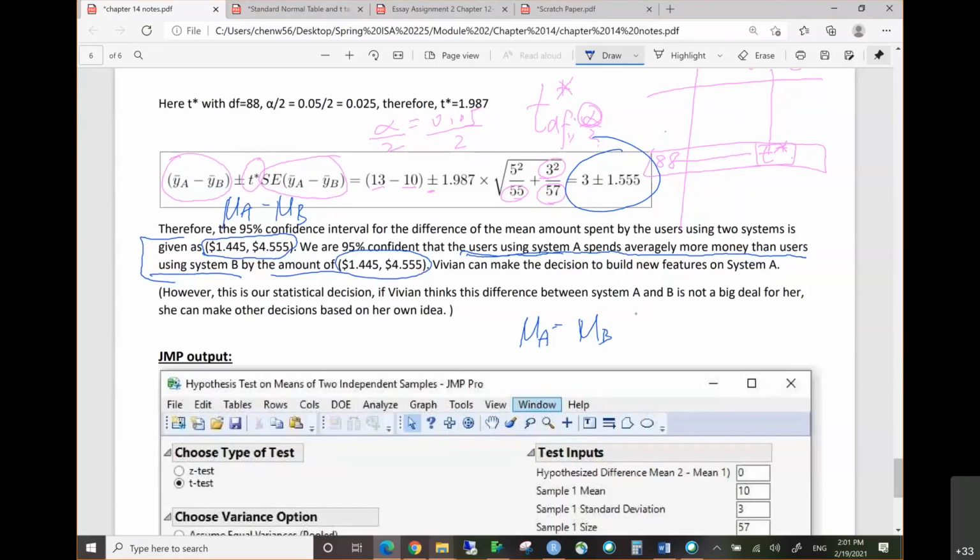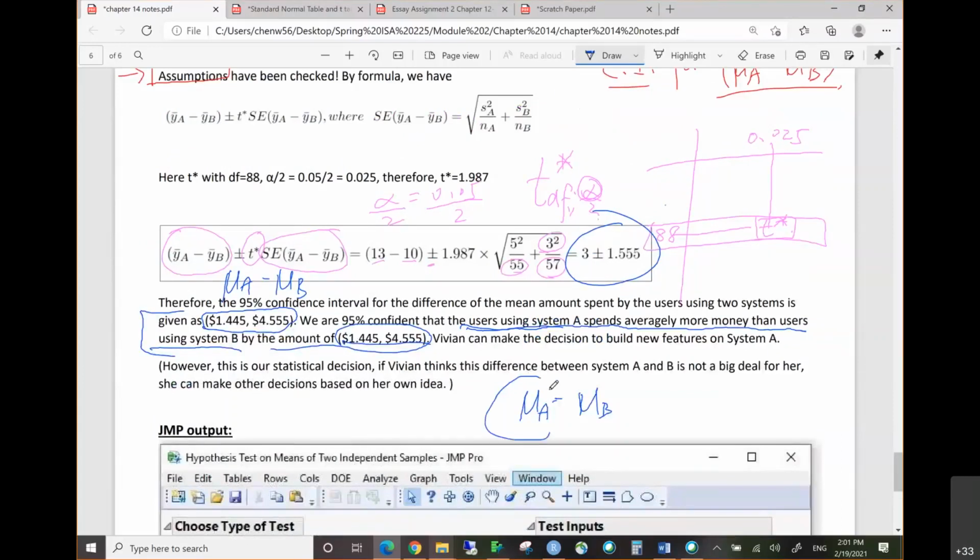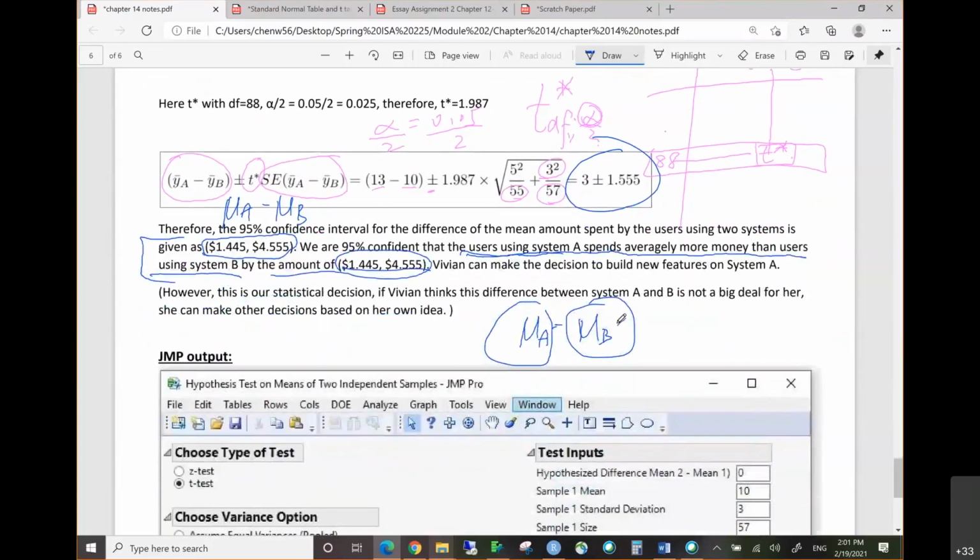But now we have the detailed meaning for mu of A and mu of B, so you need to make sure you have the complete interpretation of what mu of A means and what mu of B means.